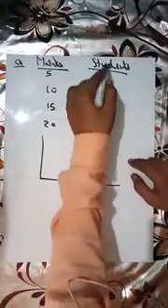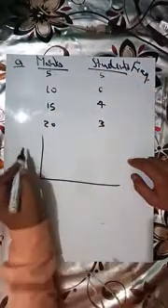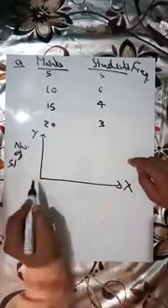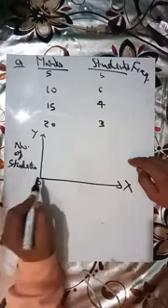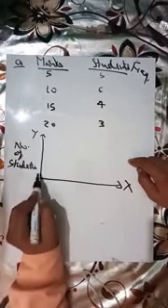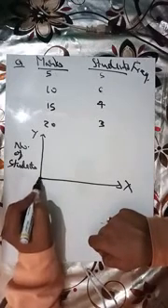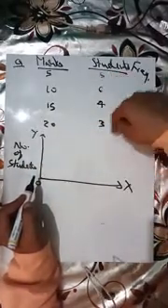This is the number of students, that is, the frequency. Frequency is always drawn here, meaning the number of students will be on the y-axis. This is the y-axis and this is the x-axis. This is 0. The main thing to keep in mind is that the numbers should be in order.